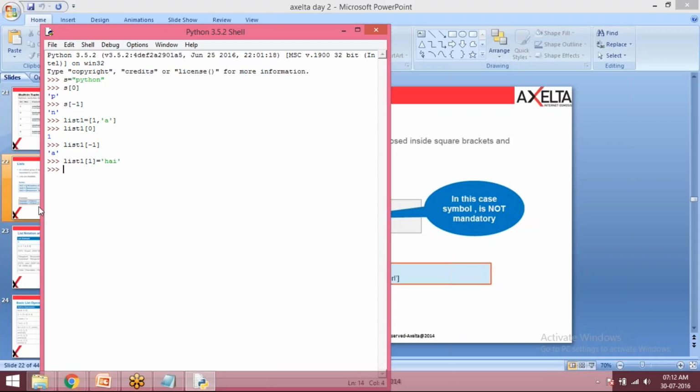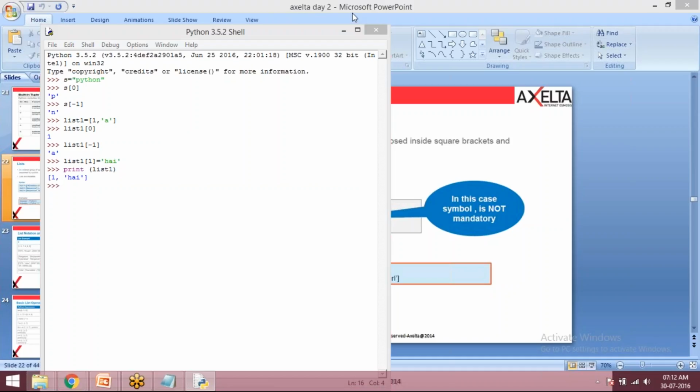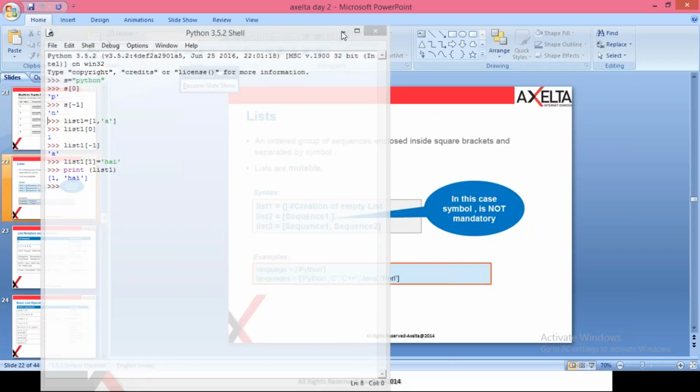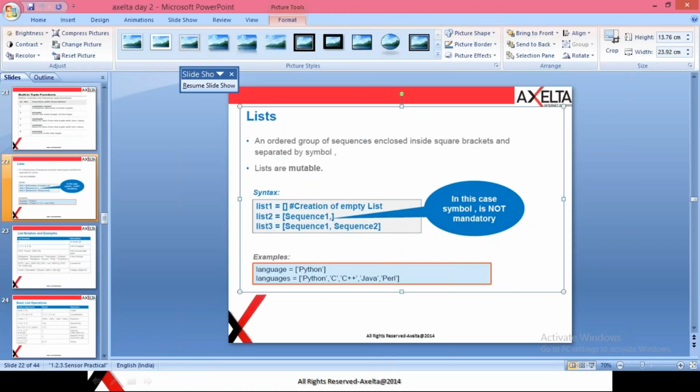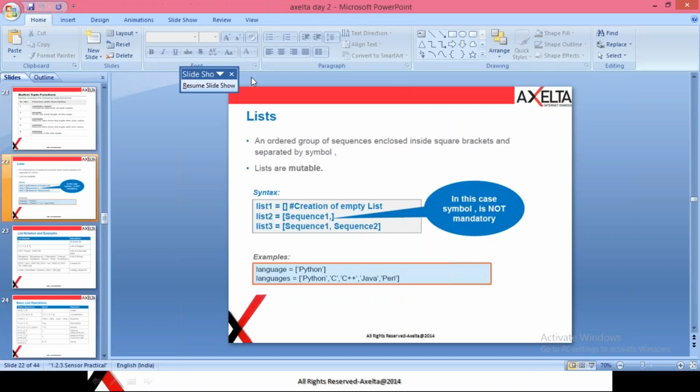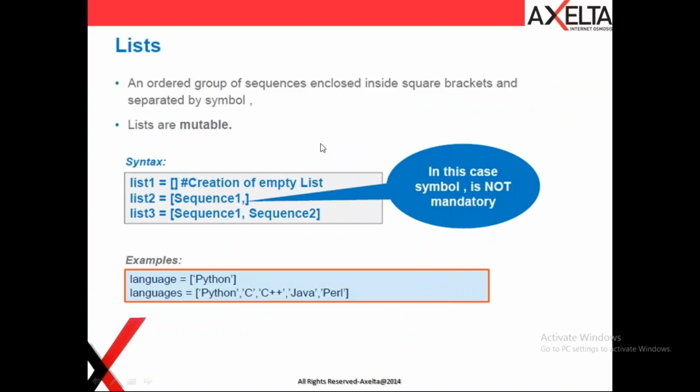Then you can say print list1. Is it clear? Is it clear for you? So this is how lists are mutable.